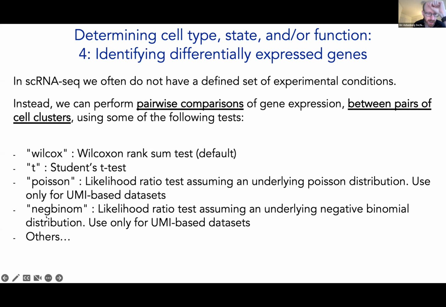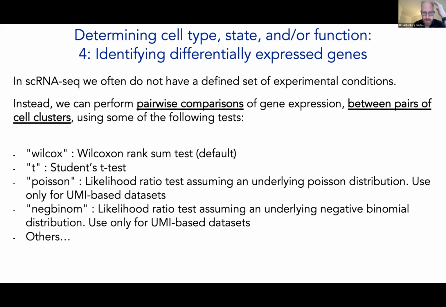There's Poisson and negative binomial, which assume what the distribution of the counts would look like for a given gene. In a Poisson distribution, the mean and the variance are the same, and in the negative binomial, the mean and the variance can be different. So you can have overdispersed data, but there are many, many tests.